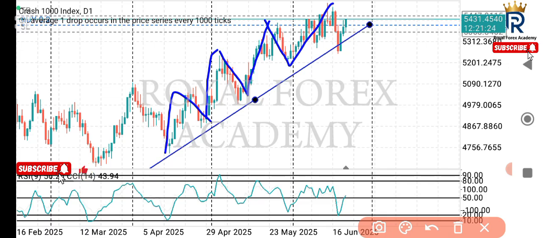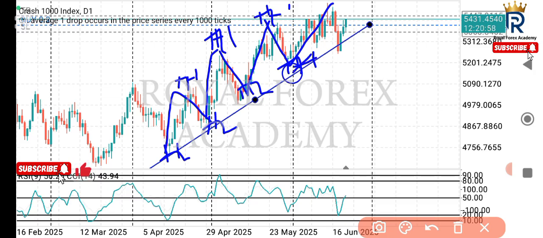If you know structure, you know how to identify your structural points very well. You realize that here, this is a higher low, this is a higher high, this is a higher low, this is a higher high, and then here we have another higher low, we have a higher high, and then we have this higher low which was later compromised.